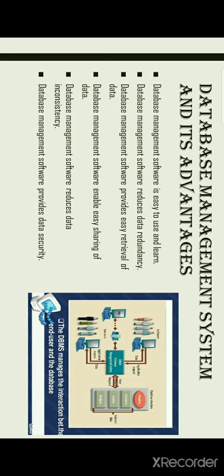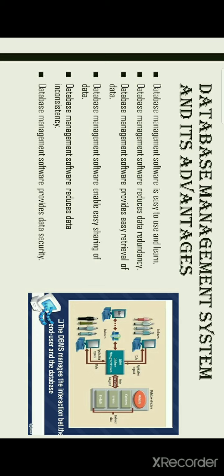The DBMS software reduces data redundancy, that means the duplication of data. It provides easy retrieval of data. It also enables easy sharing of data, and it also reduces data inconsistency, which means when one file is updated, the same data in another file is also updated by DBMS.